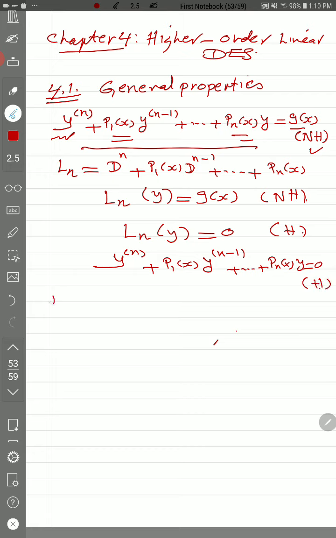Definition: we shall talk about the solutions now. y1, y2, until yn are linearly independent.